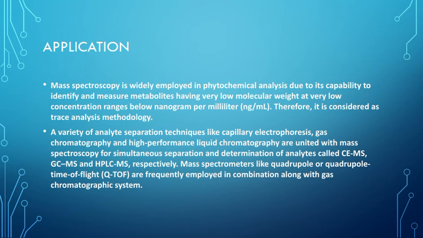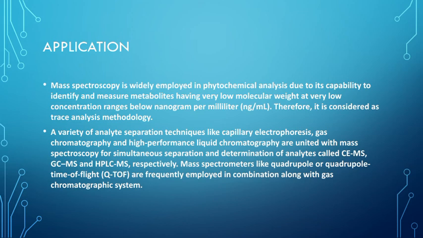Application of mass spectroscopy. Mass spectroscopy is widely employed in phytochemical analysis due to its capability to identify and measure metabolites having very low molecular weight at very low concentration ranges, in nanograms per milliliter. Therefore, it is considered a trace analysis methodology.